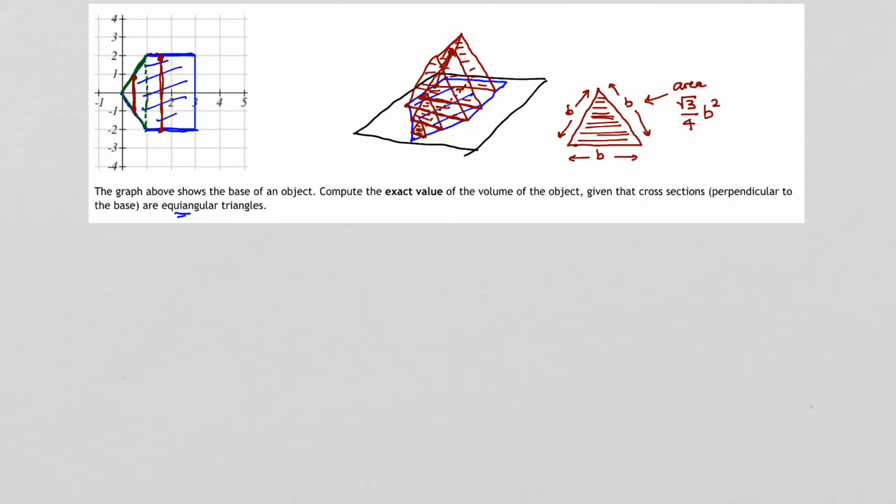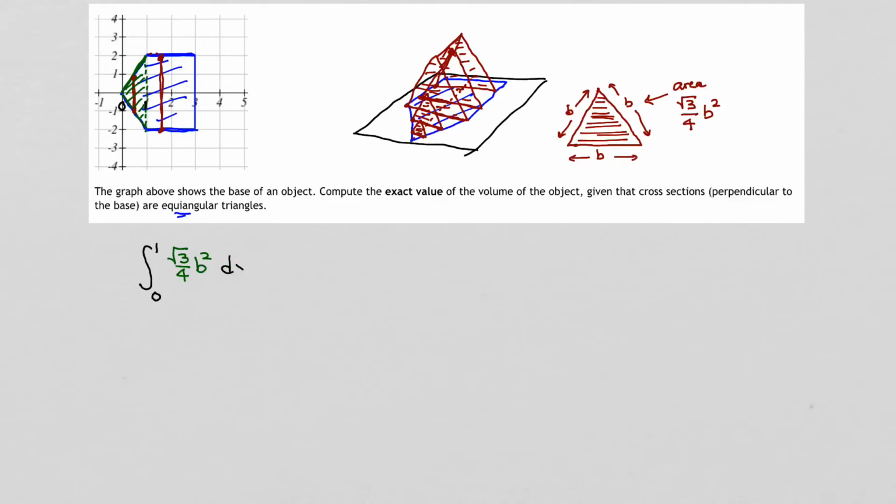So let's set up our integral. We start with our limits. For the green portion, we're going from 0 to 1. So we're going to integrate from 0 to 1 the areas of the triangles that fall in that green region. I'm going to denote that by putting green here. So that's the square root 3 over 4 times the base squared for all the equilateral triangles that have this as their base.